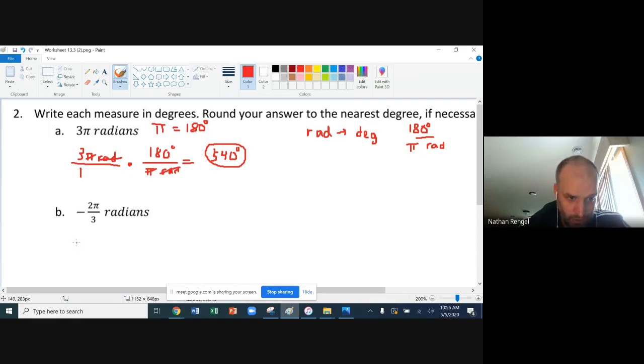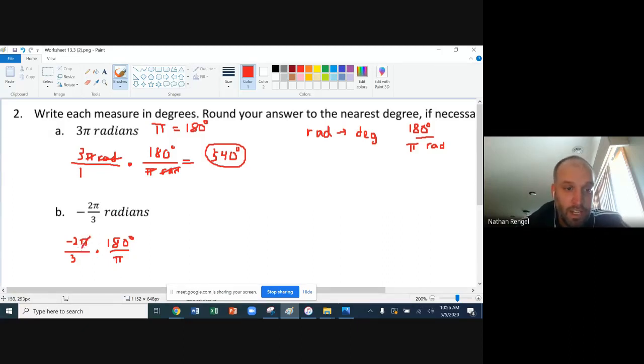So here we have negative 2 pi over 3 radians. I just put the negative up in the numerator. It's the same thing as having the negative out in front. So negative 2 pi over 3 times 180 degrees over pi. Your radians will factor out.